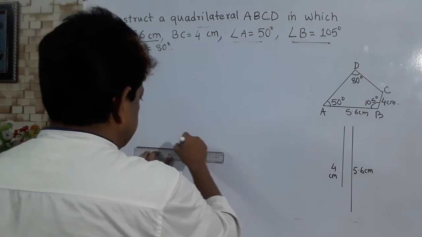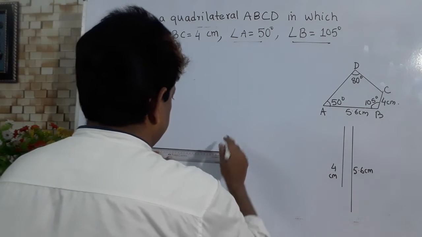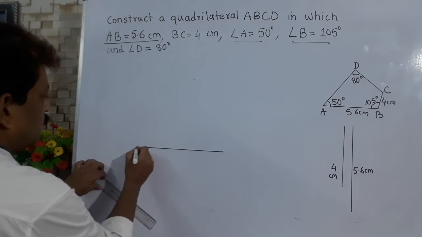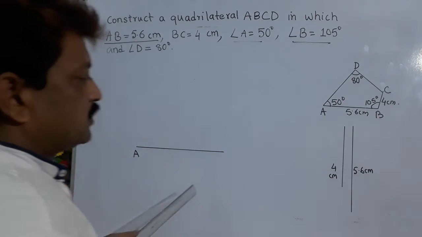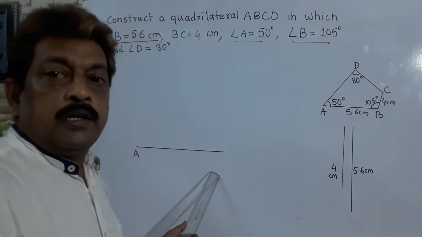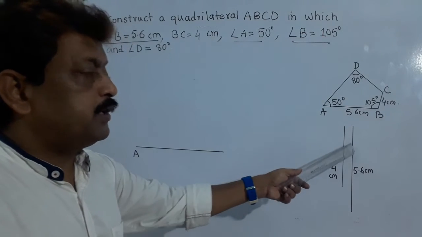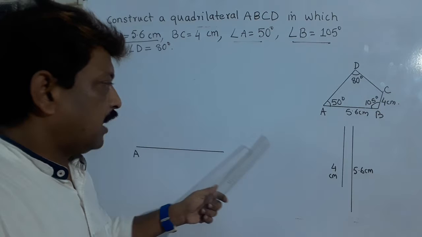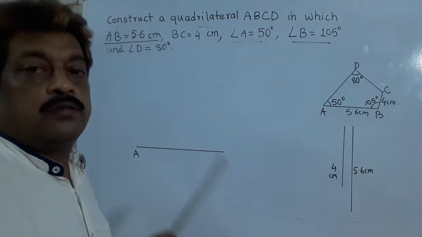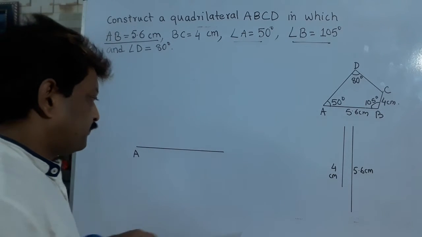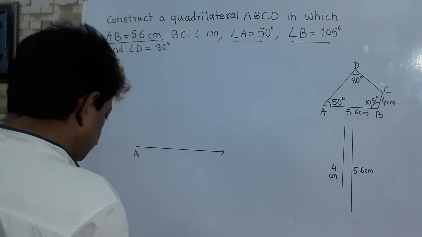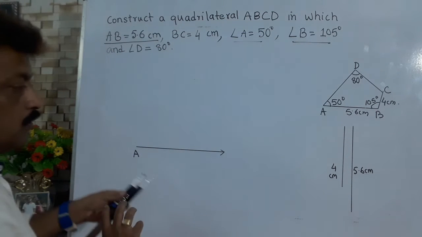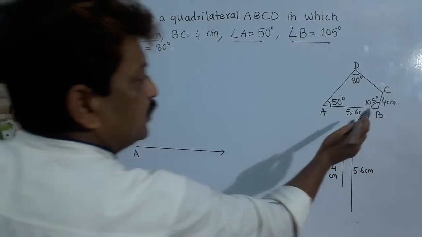So here is a line. It is advisable to draw any line here and take the measurement from this line, and with the help of compass just locate the points. Okay. So AB is 5.6.